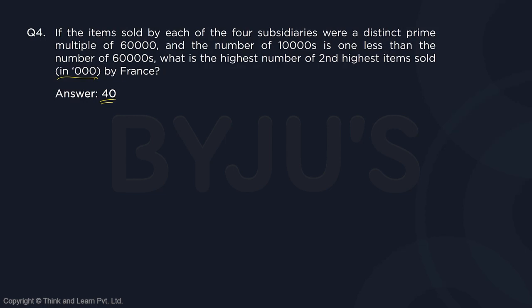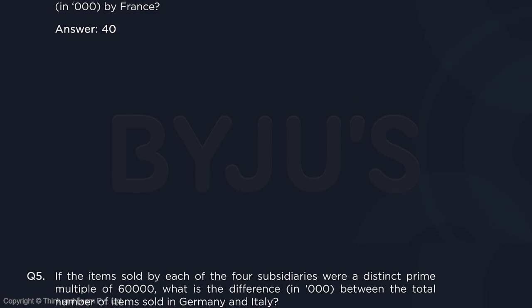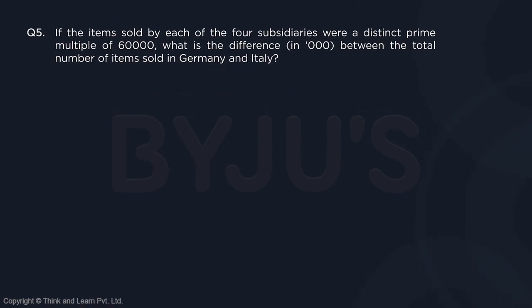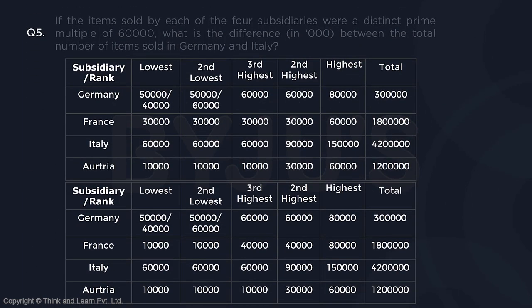I hope nobody made this mistake. Same item again, number of items sold will be distinct multiple of 60,000. What is the difference between the total items sold by Germany and Italy? This is simple now. In both cases, Germany and Italy, this and this, in both cases it is 1,20,000.